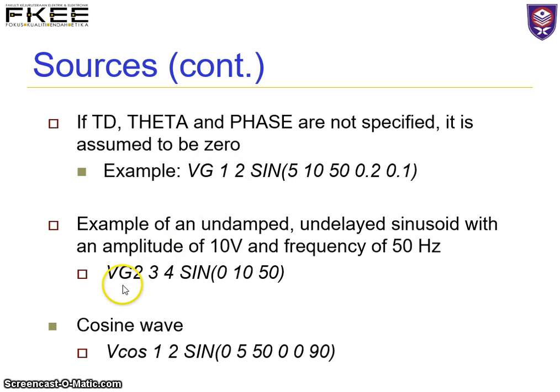This is an example of a sine wave of 50 Hertz with amplitude of 10. There is no delay. For the cosine wave, similarly, it is sine also, but you have to indicate a 90-degree phase difference between sine wave and cosine.